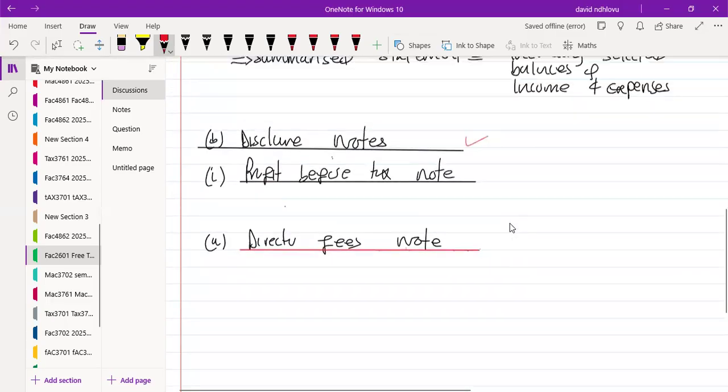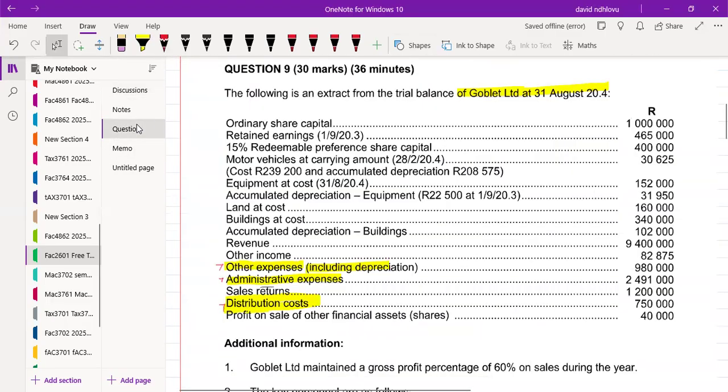Let's continue. I've got a question here. This question, I think, is somewhere in your study guide. I picked it up from one of the tutorial letters. It says the following is an extract from the trial balance of Goblet Limited as at 31 August of the year 2024. Then we are given the trial balance: ordinary shares, retained earnings, 12% redeemable preference share capital. I'll come back to this.